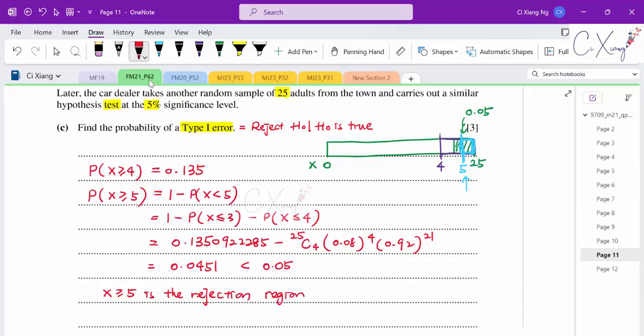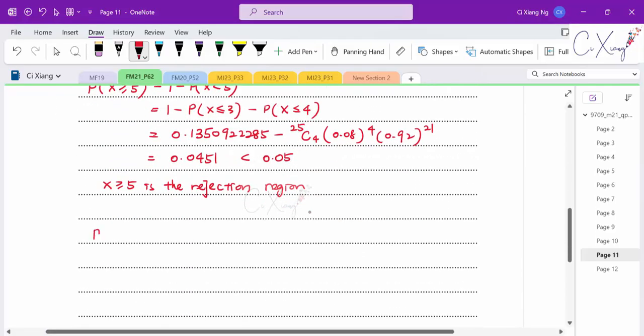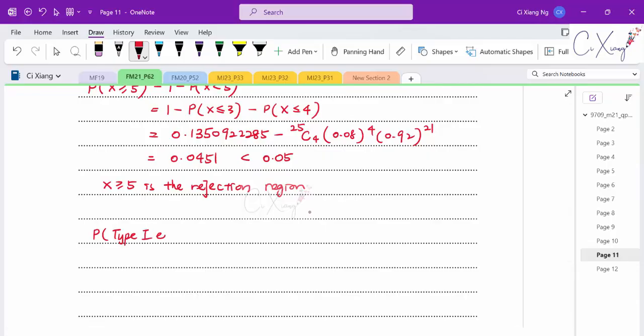Okay, since you know that x greater equals to 5 is the rejection region, if I want to calculate the type 1 error, according to the definition, it is rejecting the null hypothesis when the null hypothesis is true. So to calculate the rejection of the null hypothesis, you need to put in the rejection region, which is x greater equals to 5, given that p is equal to 0.08.